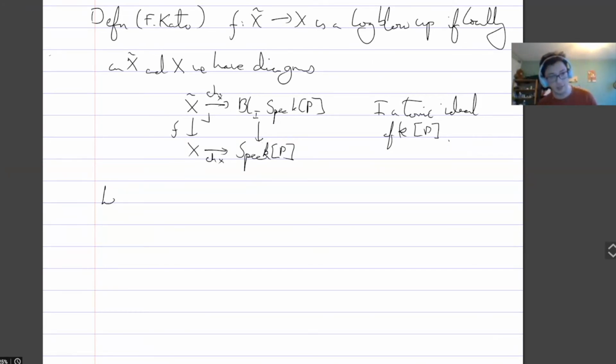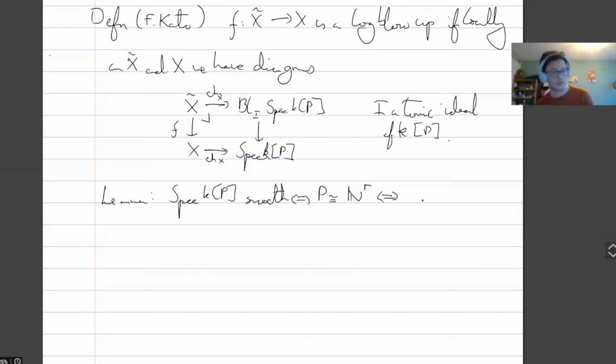So here's a lemma. Spec K adjoint P is smooth if and only if P is isomorphic to N to the r for some r.